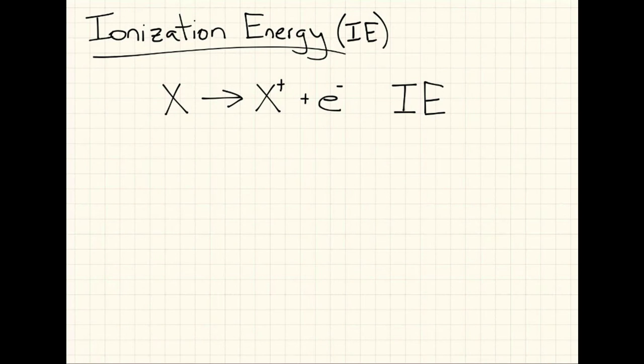It's the notion of how much energy it takes to remove an electron from a chemical element. Suppose I have some generic element X. What I really want to do is make it X plus. I want to pull away an electron, and the energy it costs to do that we call the ionization energy, or IE.